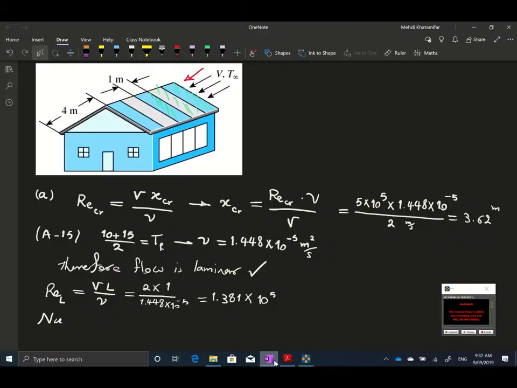Let's go and write. So the average Nusselt number. Sometimes we write just Nusselt number, sometimes we write Nusselt number bar, which all means average.